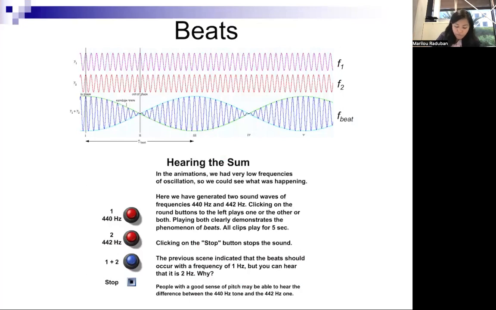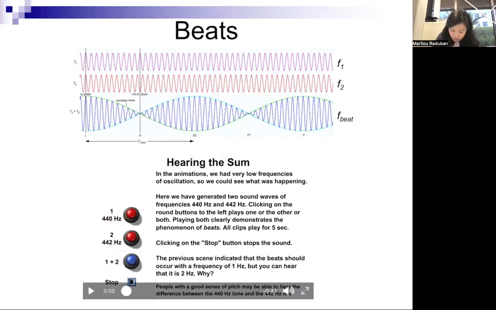So we'll use sound to demonstrate beats. You have sound whose frequency is 440 Hertz, and another sound which has a slightly different pitch because it has a slightly different frequency, which is 442 Hertz. And we'll see what happens when these two sound waves interfere with each other.